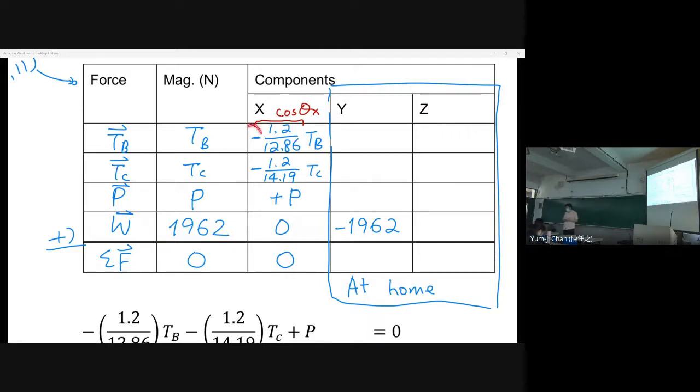Remember, if it is negative, then write it down as negative. For some of your seniors, the biggest problem was that in direction cosine, I see the minus sign, but in the table they forget to put the minus sign in, so the answer will be wrong. Remember that it's a negative sign here.